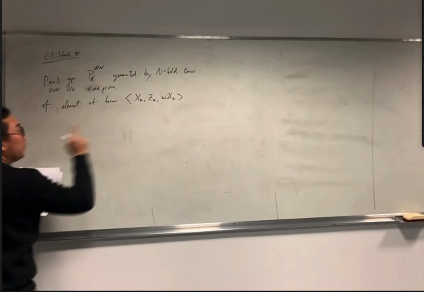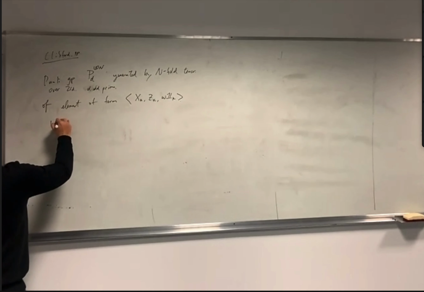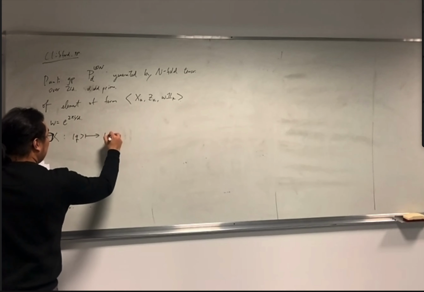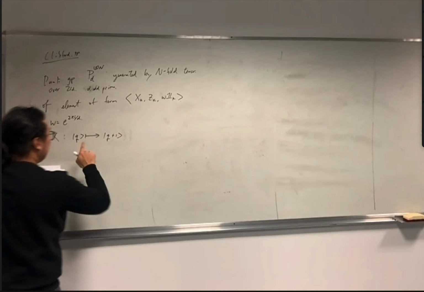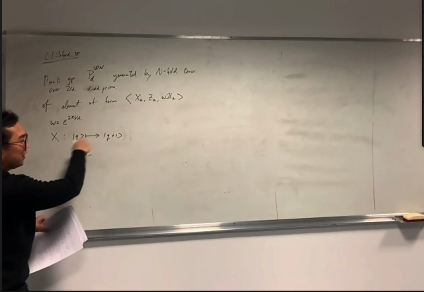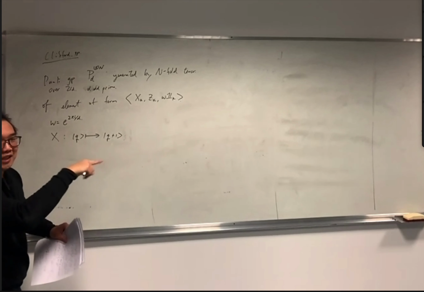Omega is the d-th root of unity, and what the X does is shift the state, mod d, of course. So if you have d minus 1 here, you map to the 0 state.